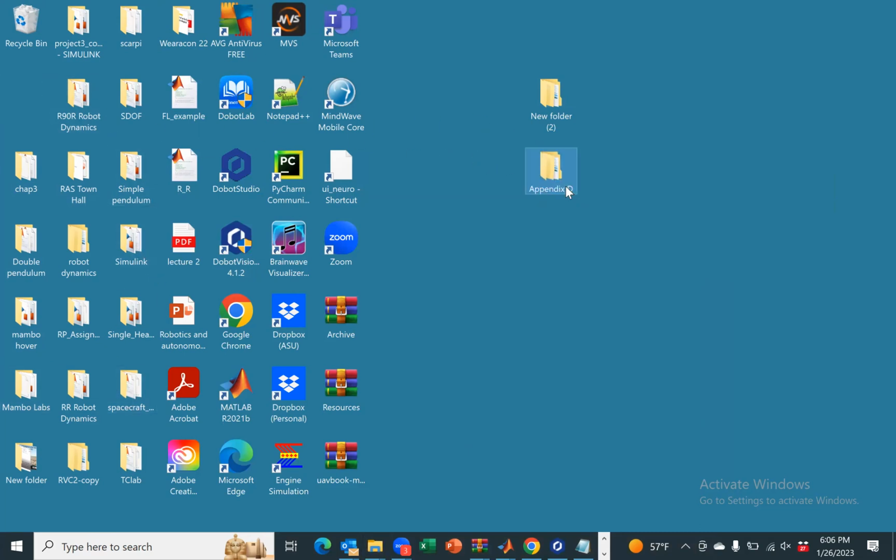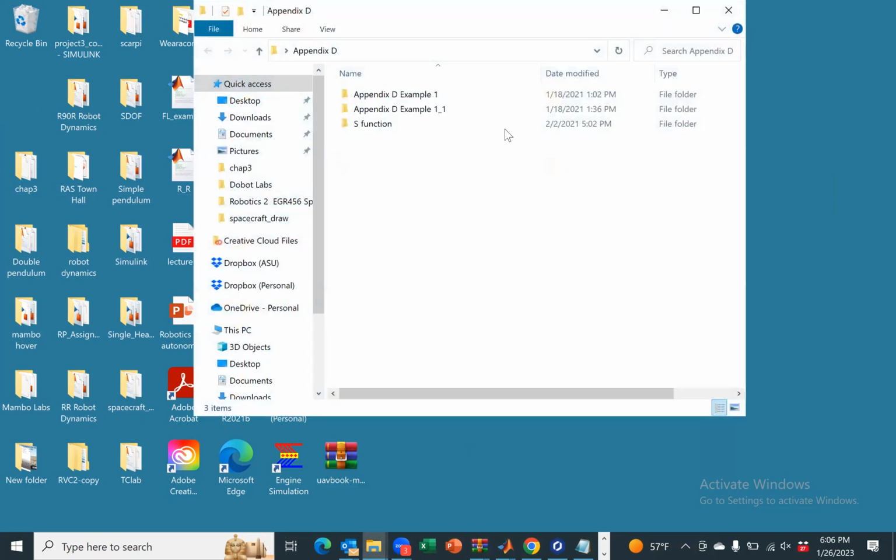In appendix D you would have 3 folders: example 1, example 2, and the S function. I'm going to explain to you how you can create an S function that can take a MATLAB function or it can take a C code, and then how you can integrate and cross compile the codes, because that is needed for this project.